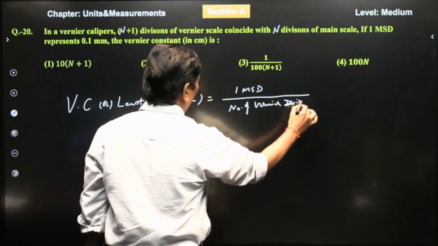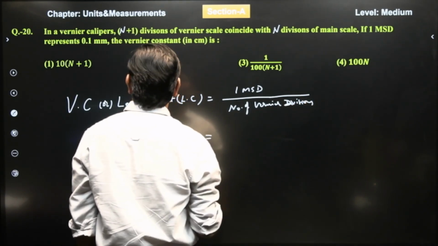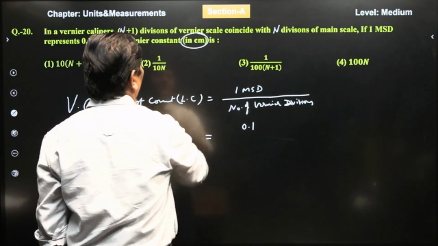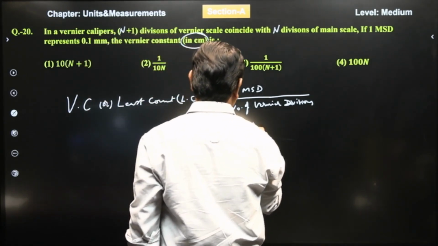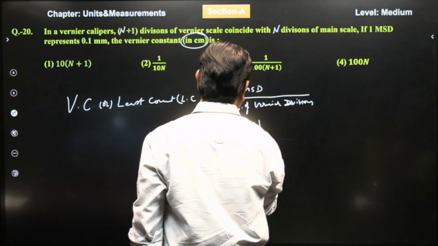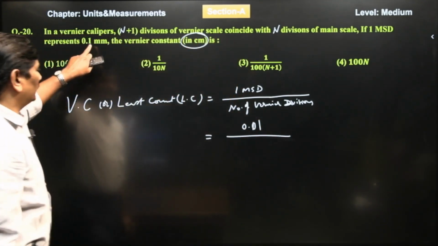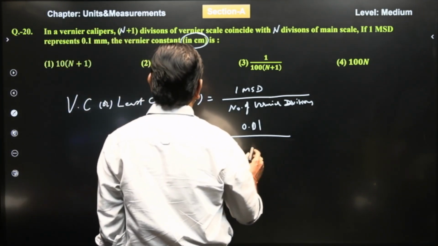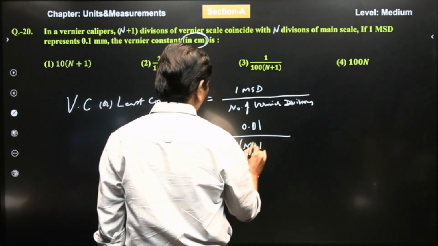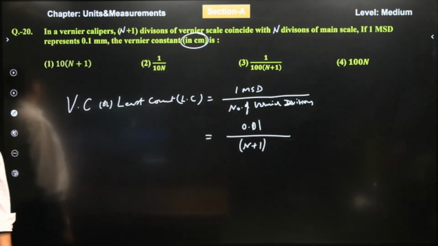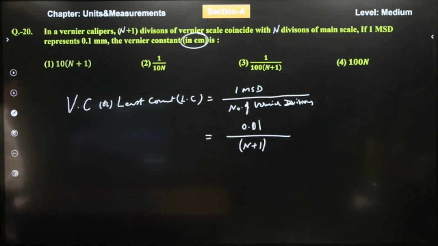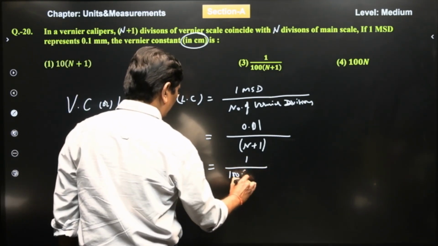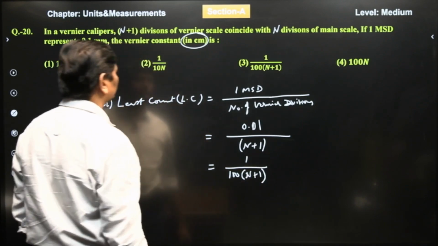Here one main scale division is given as 0.1 millimeter, but you are asked to write in centimeter, so it will be 0.01 centimeter, divided by number of vernier divisions. Number of vernier divisions is given as n plus 1. So, you will get 1 by 100 into n plus 1.